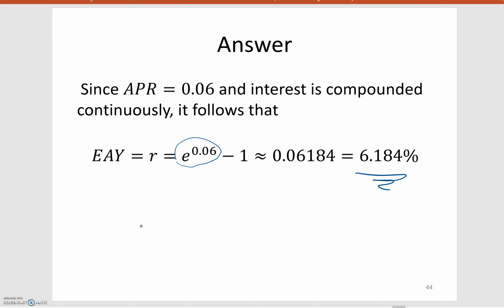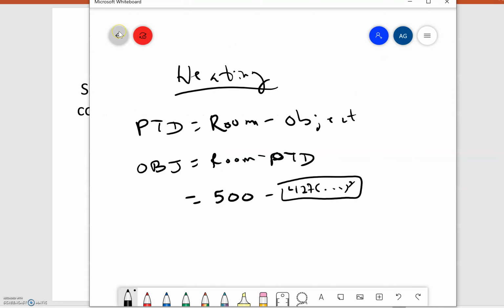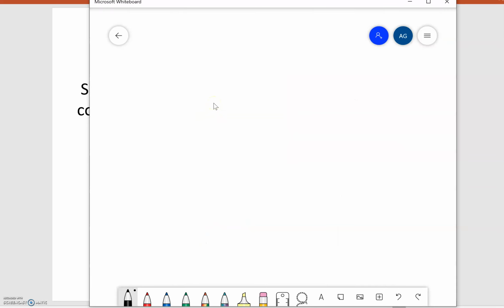Okay, let me just, for just a brief second, address the use of this number e, and tell you a little bit about where this comes from and why we're using it. Now, I'm not going to go into a full depth mathematical explanation. I just want to give you a glimmer of why the value e is used.